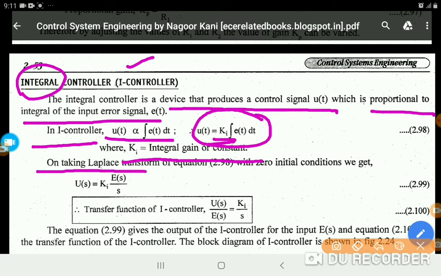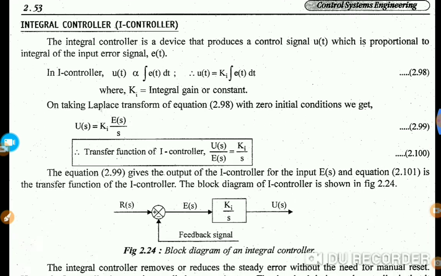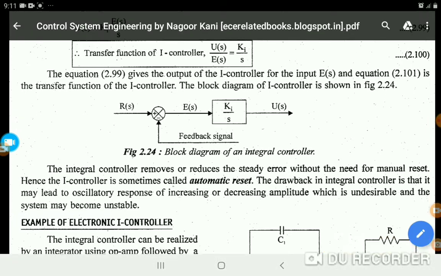So your equation becomes u of t equal to Ki integral e of t dt. On taking the Laplace transform of this equation, U of s equal to Ki E of s by s, because of the integral. So U of s by E of s equal to Ki by s. With this expression, we are drawing a block diagram for your understanding.